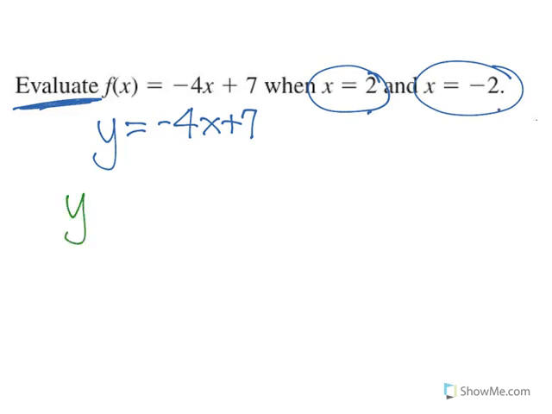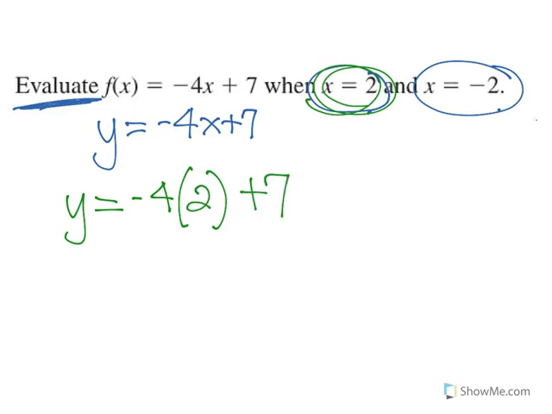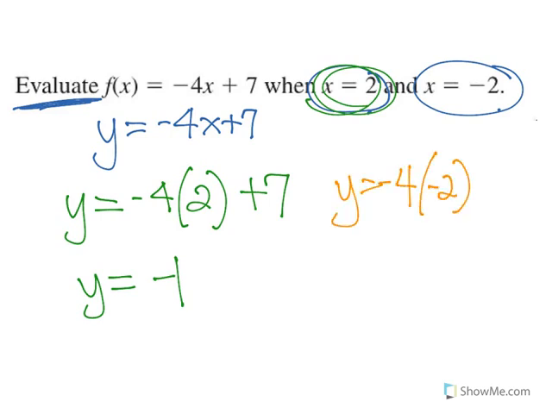You're going to take your equation and you're going to substitute in that 2 instead of your x. And we get that y equals negative 4 times 2, which is negative 8, plus 7, which is negative 1. And then let's do it again over here with the negative 2, and negative 4 times negative 2 plus 7.